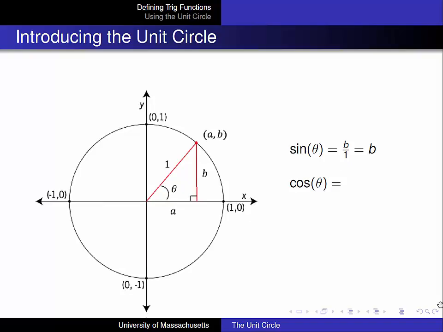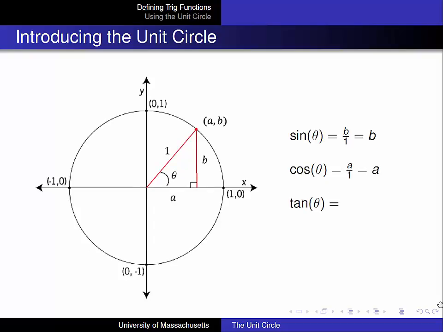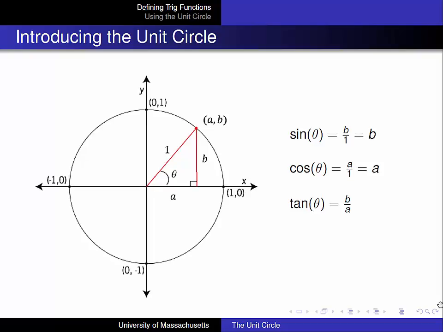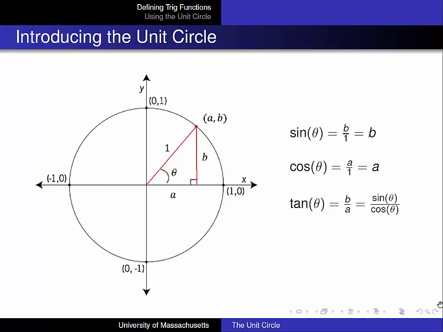So we have cosine theta is A over 1, which is just A. And for tangent of theta, we know that tangent is opposite over adjacent. So we have that tangent is B over A. Now, since we just saw here that sine theta is B and cosine theta is A, saying that tangent theta is B over A is the same as saying that tangent theta is sine over cosine.